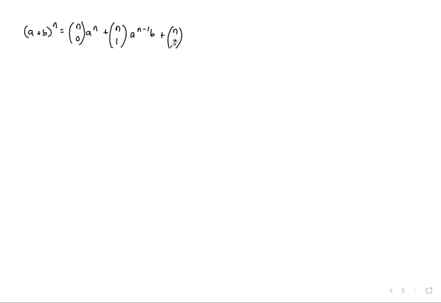So can you scroll back to the adjustment? n choose 2 a^(n-2) b^2, n choose 3 a^(n-3) b^3, n choose r a^(n-r) b^r, all the way up to n choose n b^n.